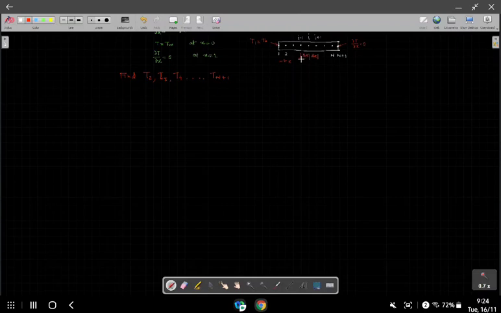So uniform grid is considered, and this is a total length L. Depending on the number of points you want, you will divide this into a different region.